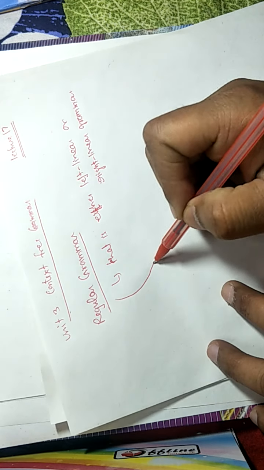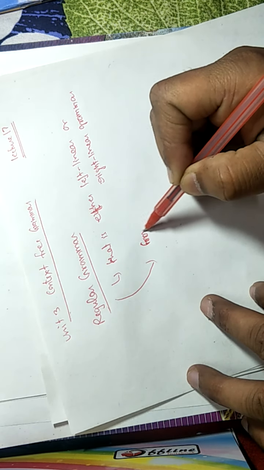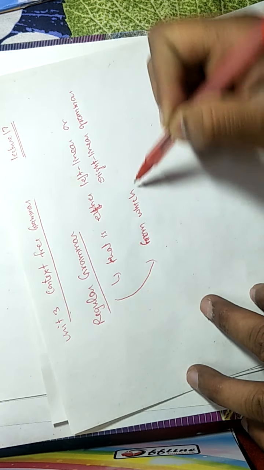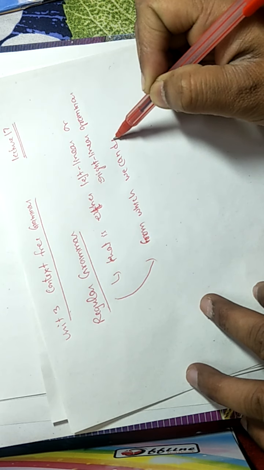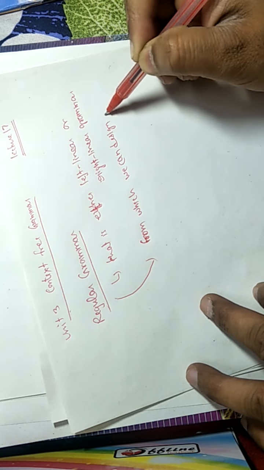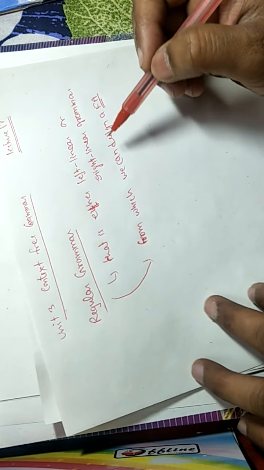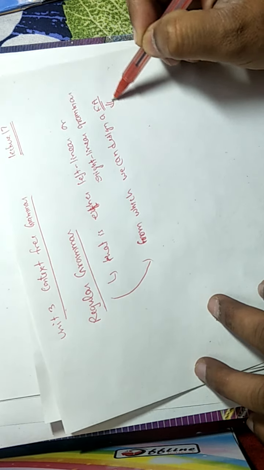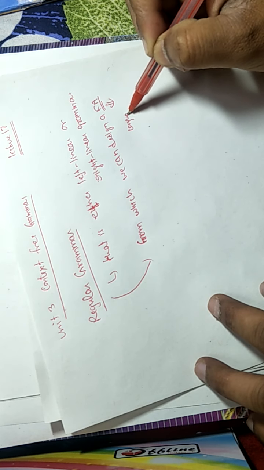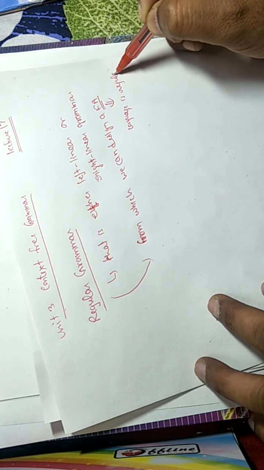And a regular grammar is one from which we can design a finite automata. So if we can design an FA, then the language of the regular grammar is regular.